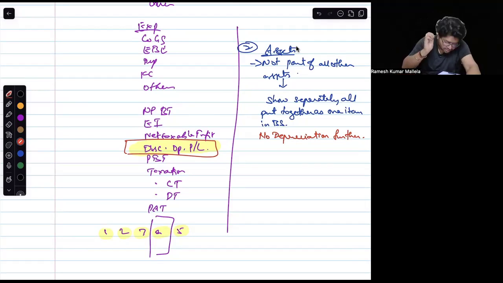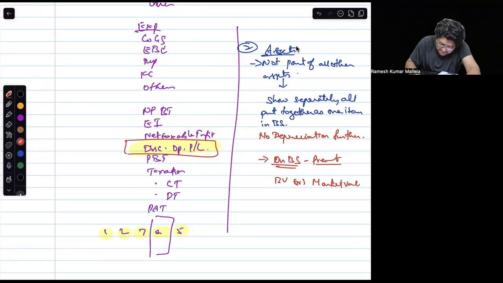Now the most important aspect here is on balance sheet date, how do you present that value? It is going to be book value or market value, whichever is less.